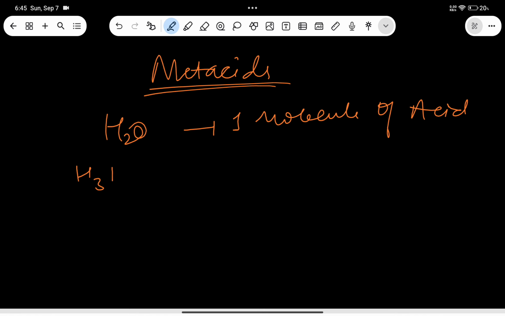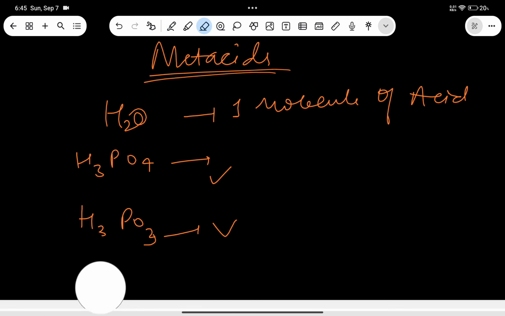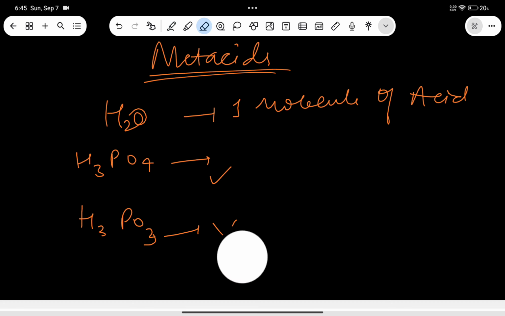For example, we have H3PO4 and H3PO3 and H3PO2. Can it remove two hydrogens? Yes, it can. And for H3PO2, it cannot, so it will not form meta acids. So who will form meta acid? These compounds. Let's see how they'll form meta acid.